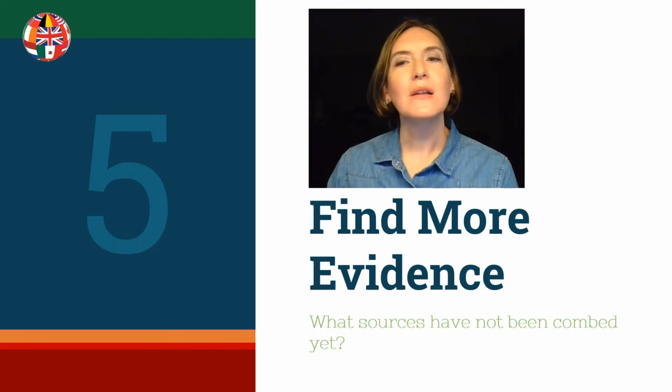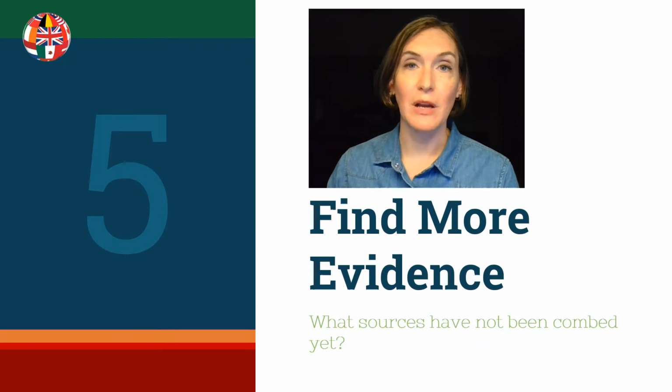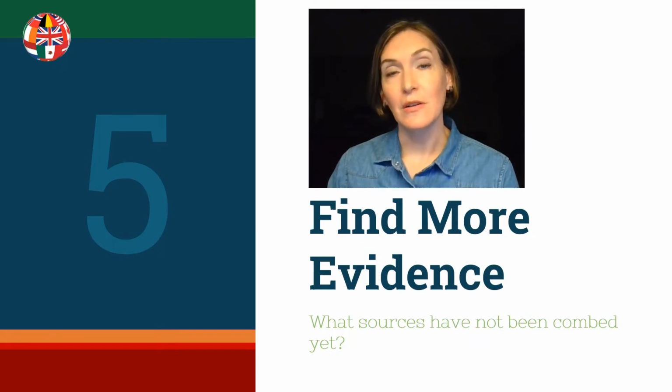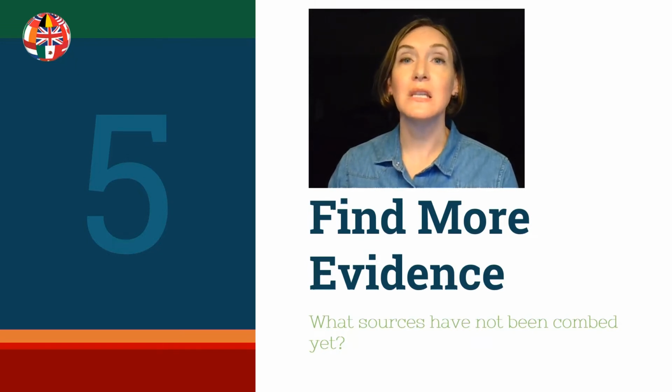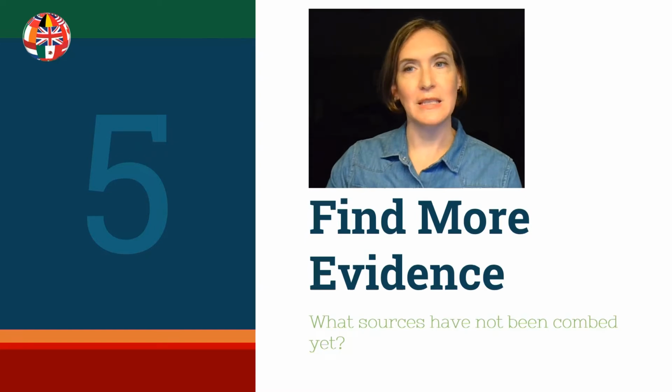And look beyond the person themselves. You might have found every record that belongs to that particular individual, but have you looked at all of their family members' records? Have you looked at all of the previous generation's records, the younger generation's records? Have you looked at their associates' records? There is usually more evidence out there to be found that can help resolve the conflict.